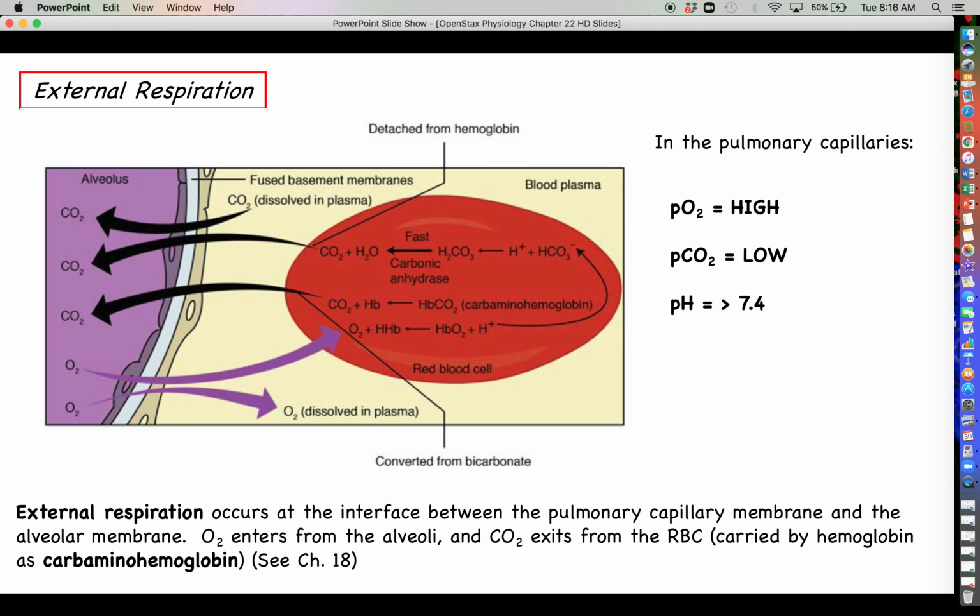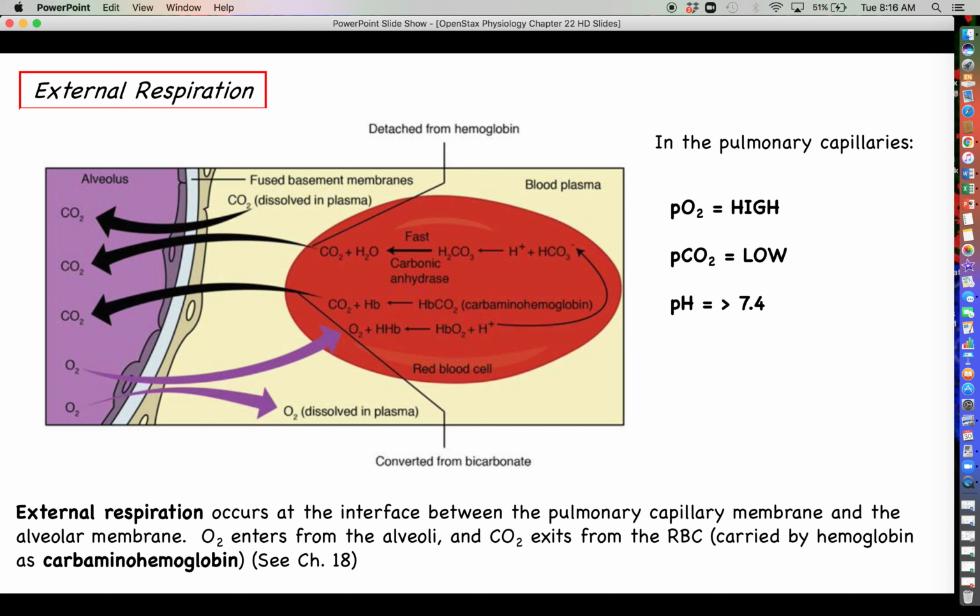Okay, let's talk about external respiration first, and for this we're going to be talking about both the PO2 and the PCO2 numbers. So in the pulmonary capillary beds where we are going to perform gas exchange between the alveoli and the blood, the PO2 is relatively high because we are breathing in oxygen-rich air.